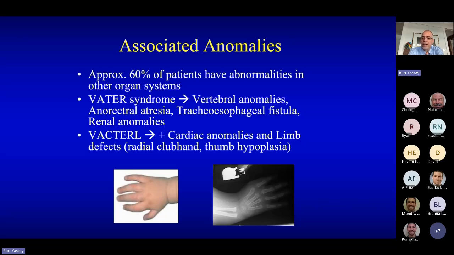But renal abnormalities or even subtle cardiac abnormalities are things that can be found. And for those of you who are orthopedic surgeons, there's nothing worse to miss than an orthopedic condition somewhere else in a patient that has a risk factor. So don't miss the congenital anomalies of either the upper or lower extremities, or most commonly the upper.